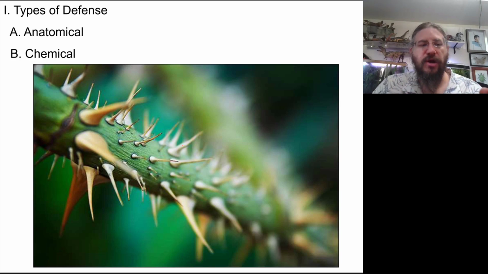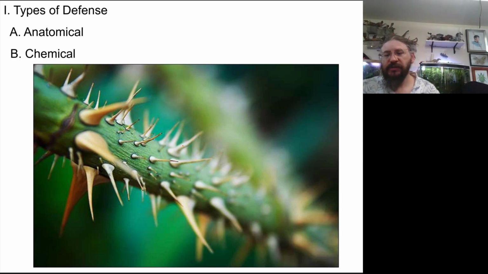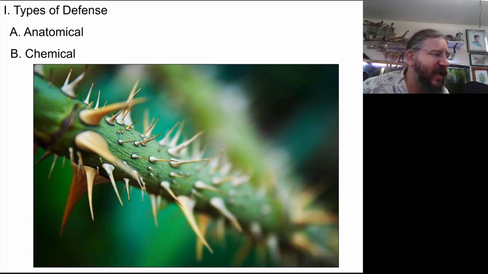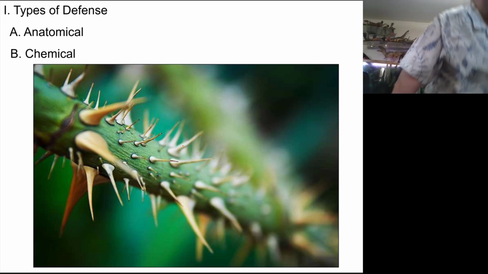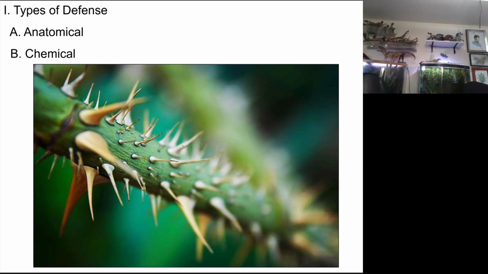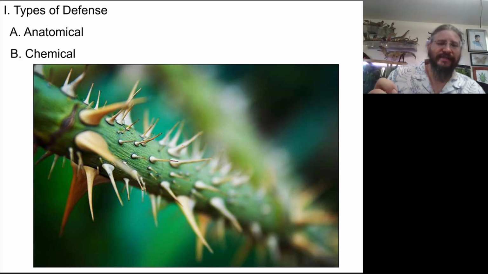Anatomical defenses include, well, let's go with the classic rose thorns. How about those modified trichomes on that brassica from way back when I was talking about how it's not cactus spines? Or cactus spines. Those are all modifications for defense.